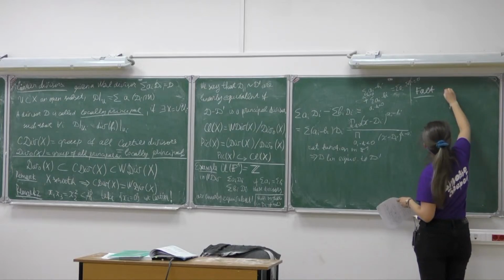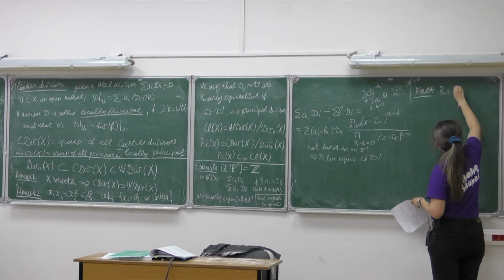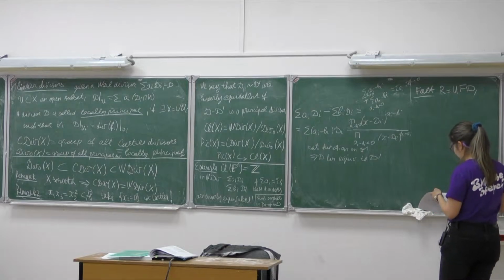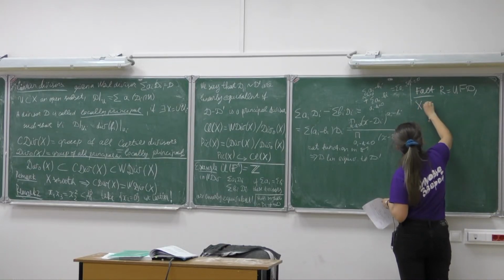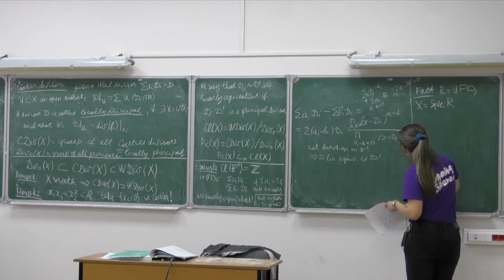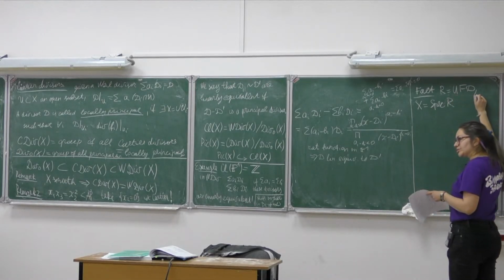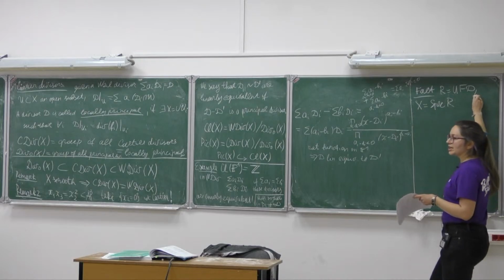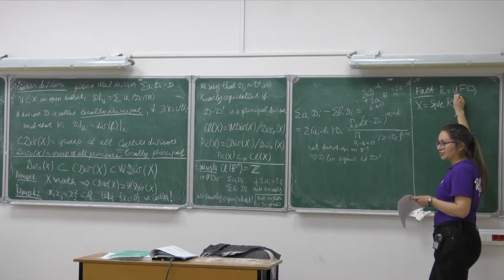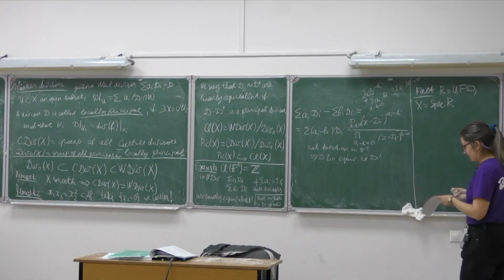Suppose that R is a unique factorization domain, and suppose that X is Spec R. This is, for example, the case when we have polynomials in n variables, or if we assume that all these variables are invertible, we take plus minus 1. Then we have either the affine space or the torus.